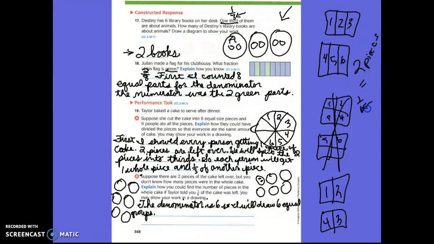The 6 is how many groups we draw. The 1 up here is how many groups will have the 2 in it. So you put 2 dots in 1 group. Now, that's not going to tell us how many altogether, though. What do we need to do to find the whole total that was there before everybody ate all the cake? Callie, what do I do?